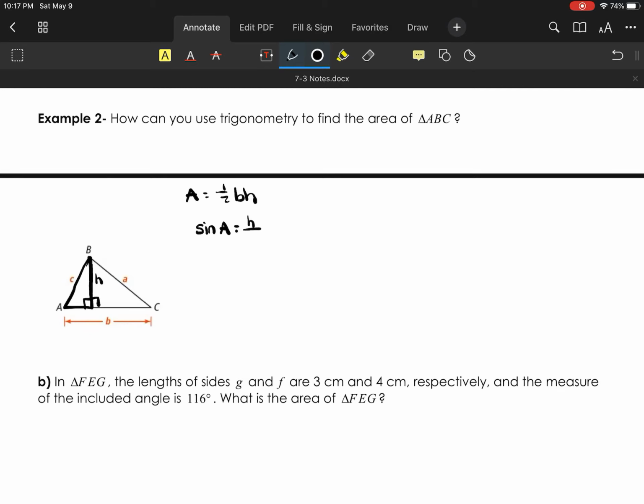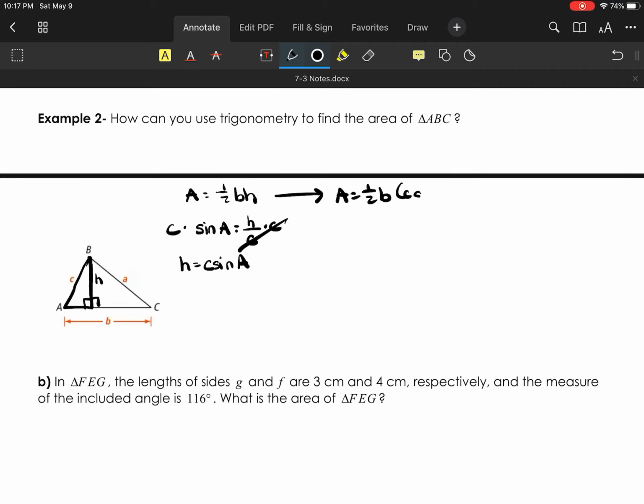So if I'm looking at this triangle, my opposite side would be H, my hypotenuse would be C. Okay. So then to figure out what H equals, I'm going to multiply both sides by C. That cancels that out. So now I have that H equals C sine A.